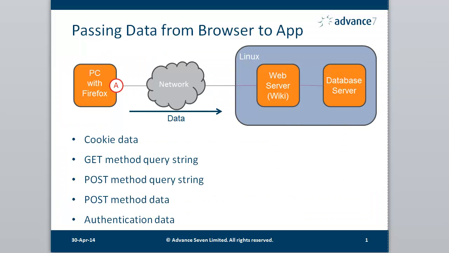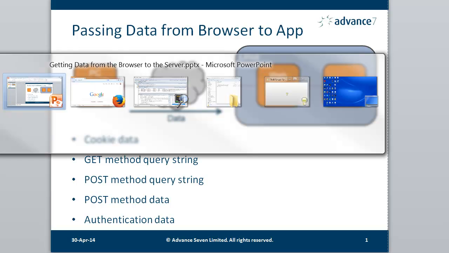So just to recap, we've seen the browser transferring data to the web server using cookie data. We've seen post method query string data, and we've seen post method data. So that leaves us with 2 others: get method query string and authentication data. And I'm going to use a different application to look at these.